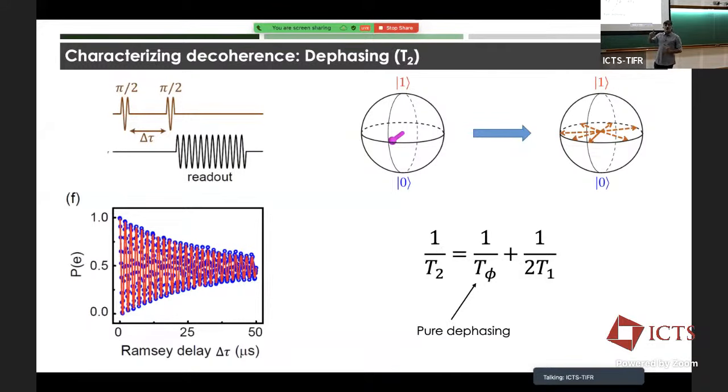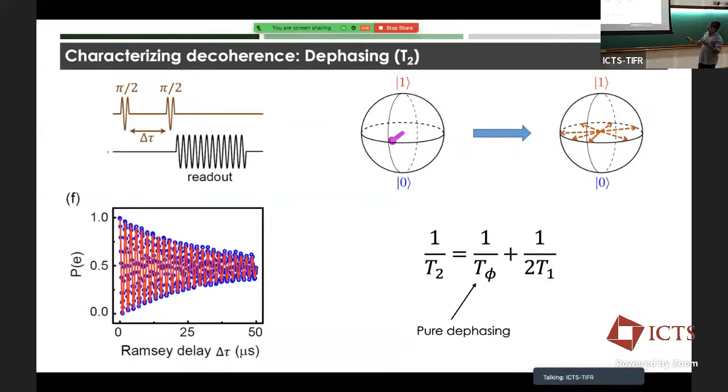Now I will choose the drive frequency as 5.101 gigahertz, which is expected to be 1 megahertz detuned from what I thought the qubit was. Then I expect this oscillation to be 1 megahertz precisely, but I will measure this oscillation to be 1.142 megahertz. So I get those extra digits, right? Because I know my drive frequency very precisely, and I can fit this oscillation very precisely. Now I know my qubit frequency very precisely. So that's okay.